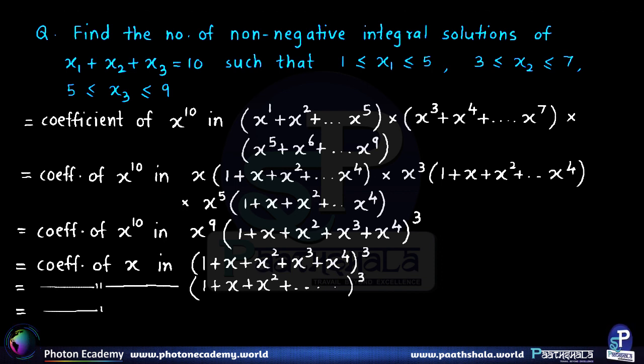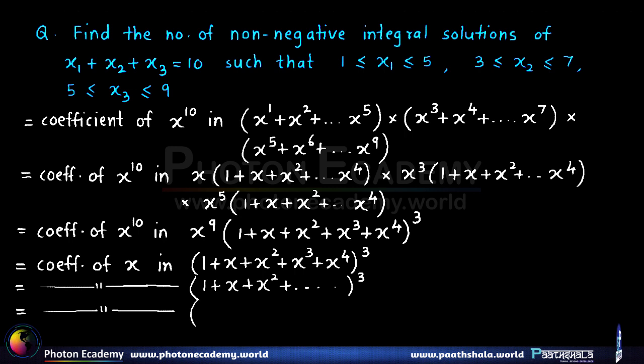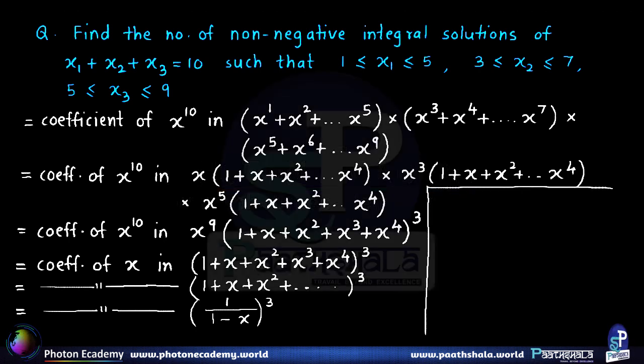So the coefficient of x in, now if you see, the bracket is nothing but the binomial expansion of 1 upon 1 minus x. So that gives us the coefficient of x in 1 minus x whole raised to minus 3.